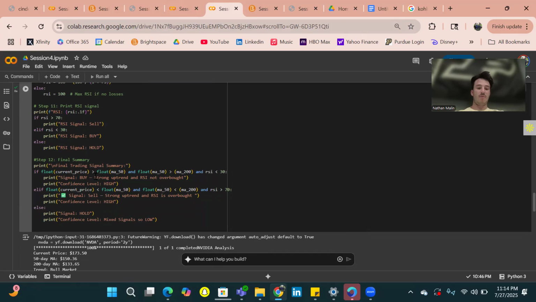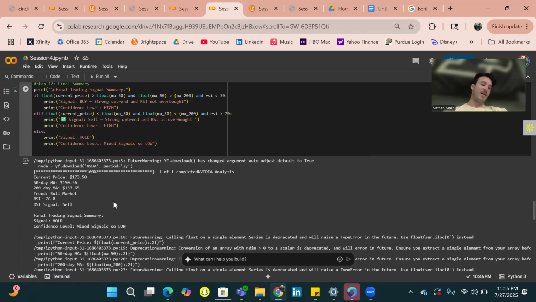And if the current price is less than the 50-day and the 50-day is less than the 200-day and RSI is more than 70, then I'd highly confidently say to sell the stock. And if not, I'd say to hold. There are a lot of mixed signals, so there's a very low confidence level.